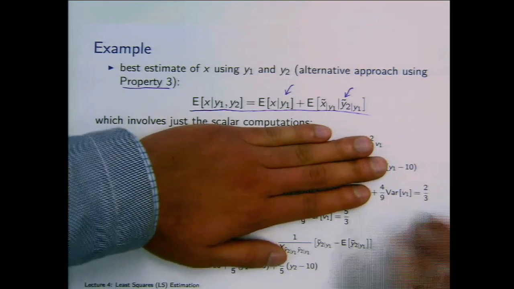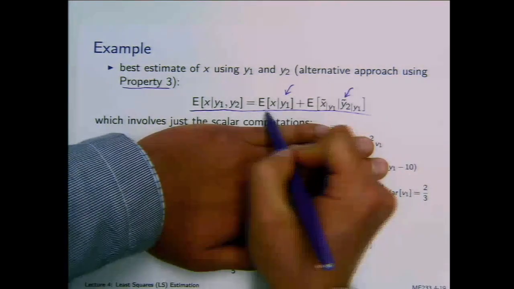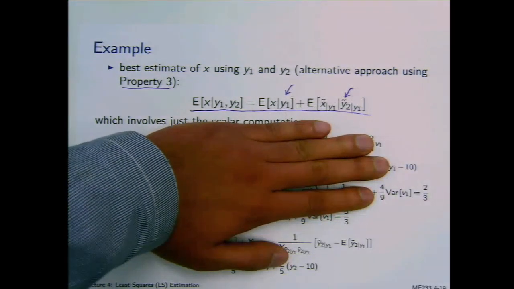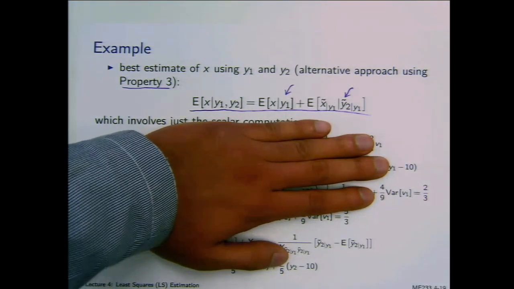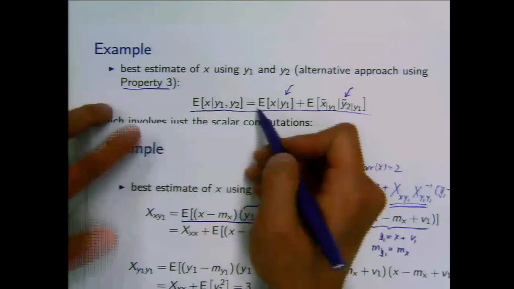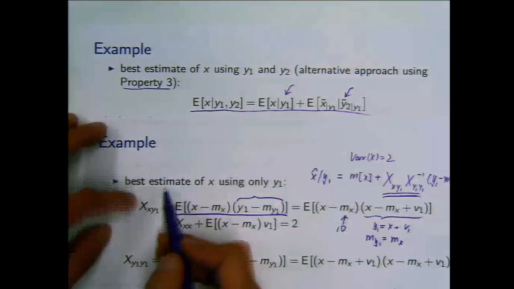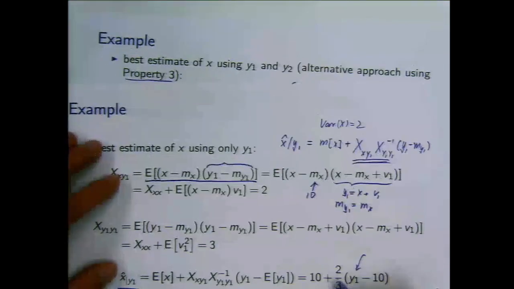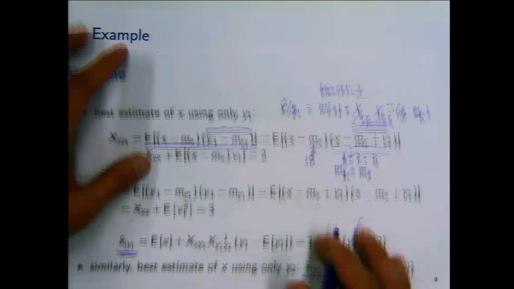Okay, we have done this actually, right? In the first question, yeah, we have already done this. We have already finished this step, which is the best estimate of x using only y1, and we have obtained this solution here.